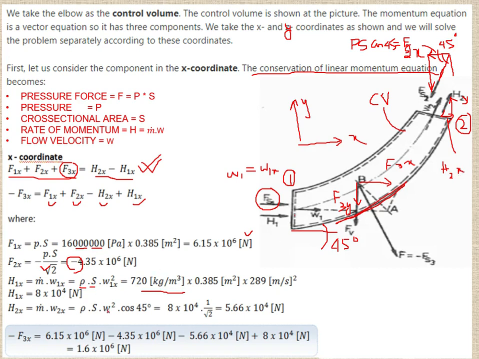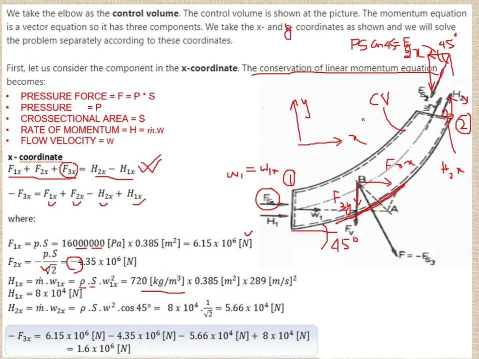So this is equal to, it is making an angle theta here. It is making 45 degrees this one, then 45 degrees this one also. If you are taking this angle, consider it as cos theta. That means m dot W2x cos 45, or rho S W squared cos 45.